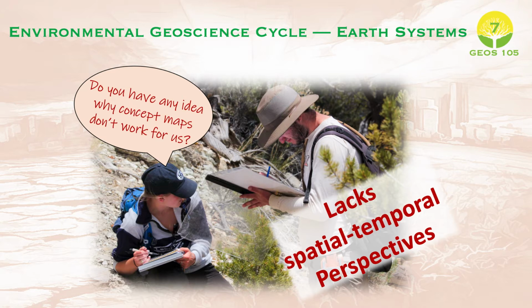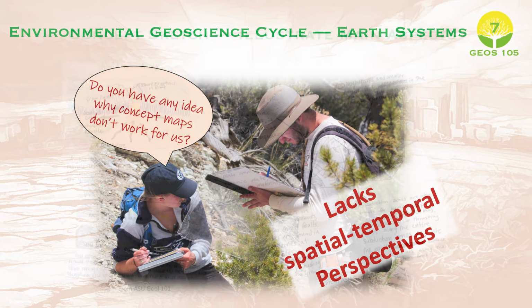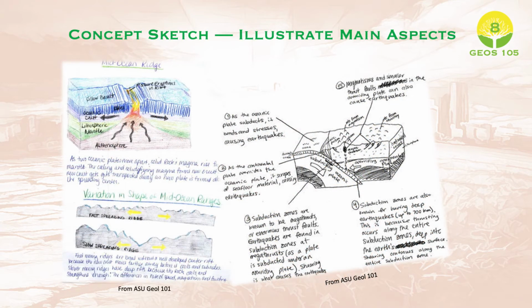Steve Reynolds and Julia Johnson from my alma mater, Arizona State University, developed the idea of a concept sketch, as a technique to help students identify and link key concepts, but emphasizing the spatial relationships between concepts and simulating the more environmental portrayals, such as cross-sections, profiles, and outcrop maps. Okay, enough background. Let's get on to learning how to construct concept sketches.